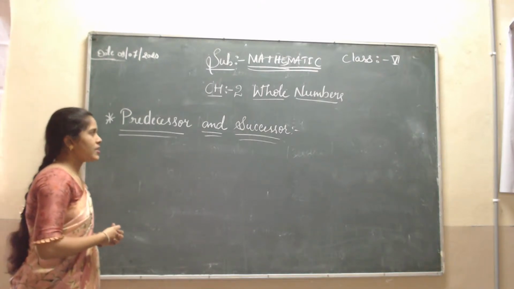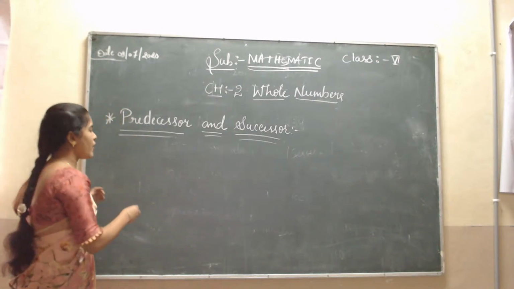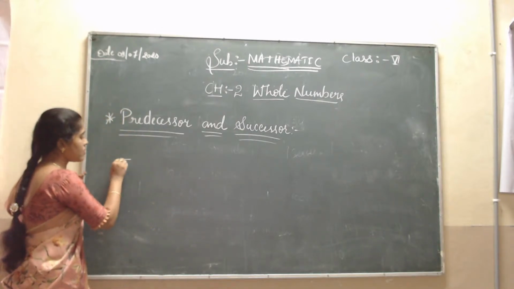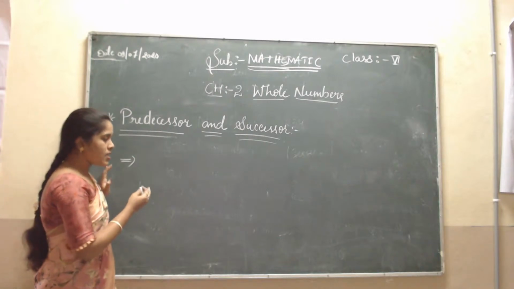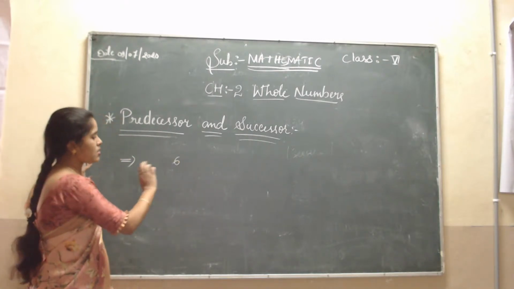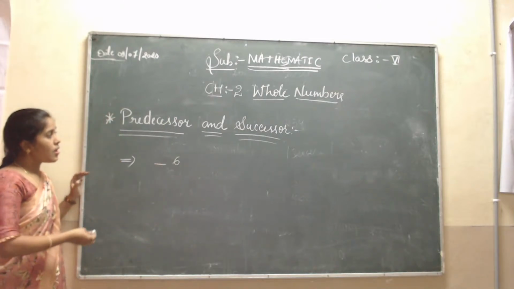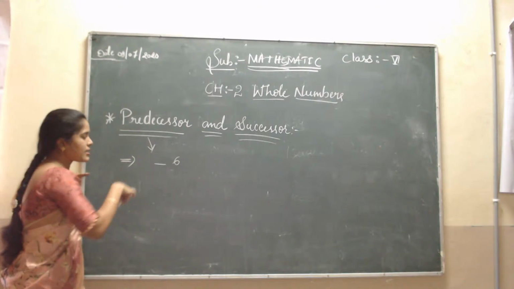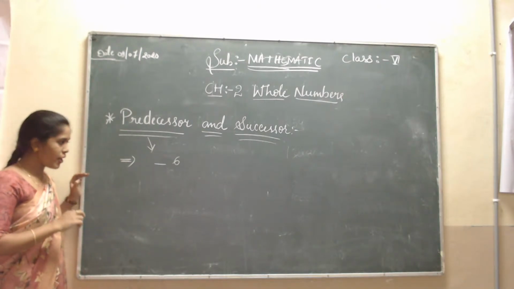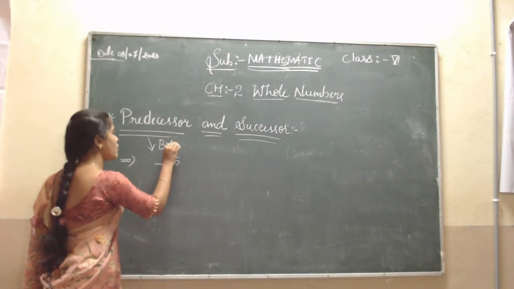Predecessor is nothing but the previous number, or before. For example, take the number 6. Predecessor means the previous number, the number before it.